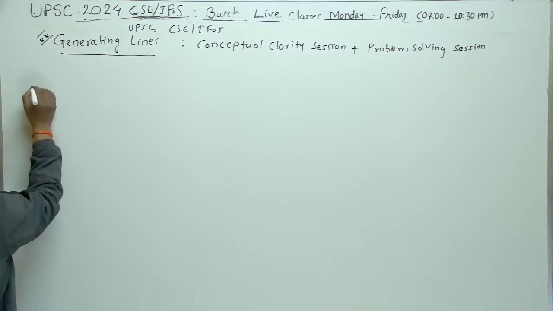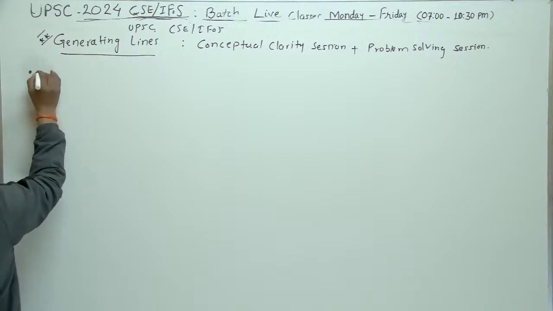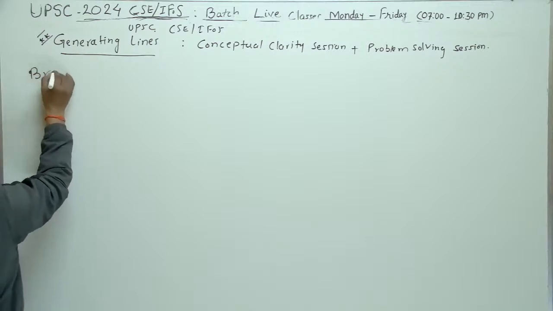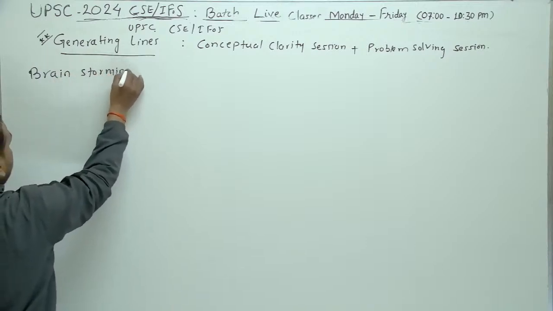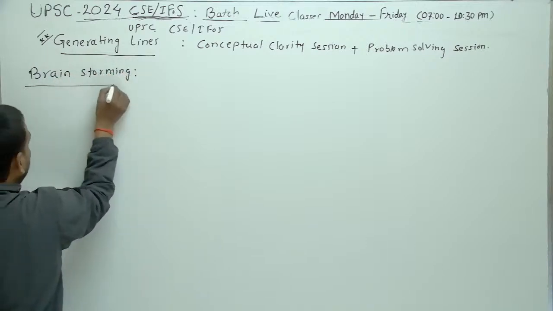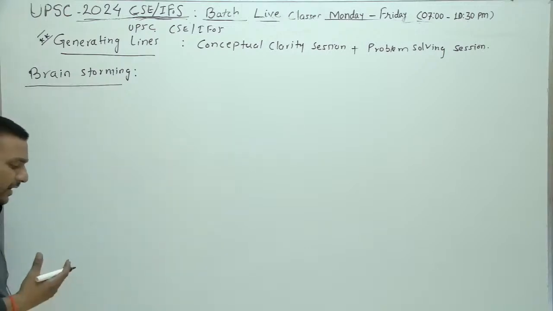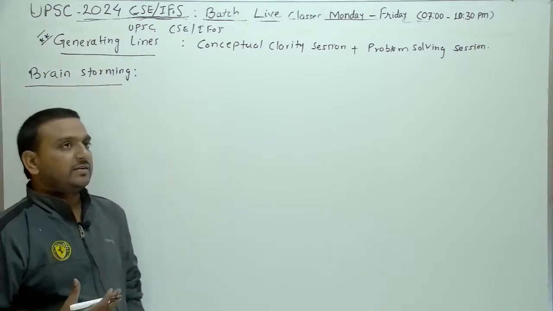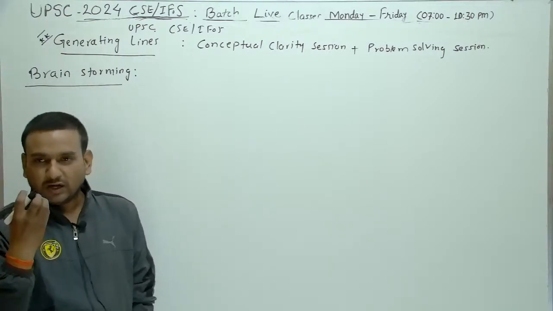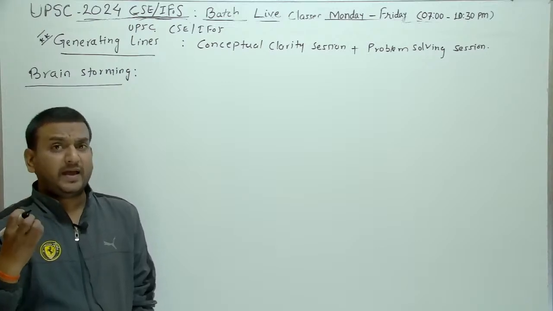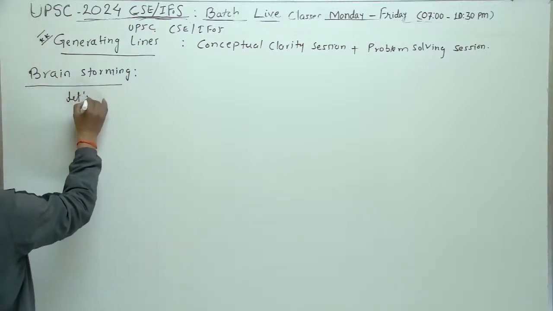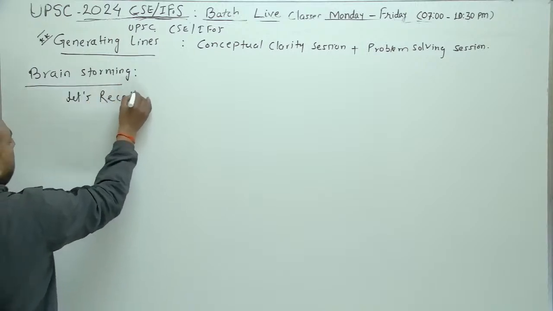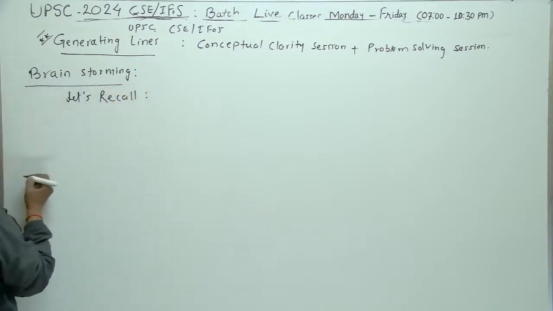So सबसे पहले we will have a heading. Let's say brainstorming, what we will do here in this chapter. Fair, dear fellows. So when I say we have to study the generating lines, then what are the basics we already have? Let's recall. देखना ध्यान से.